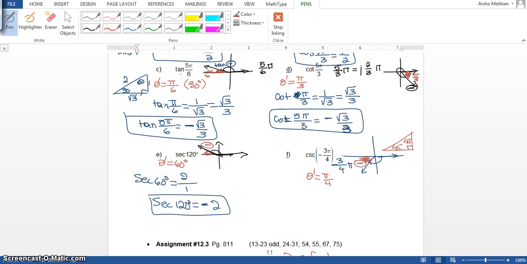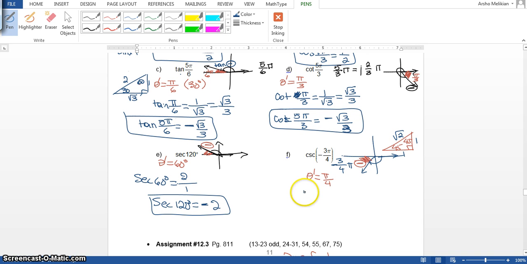Pi/4 is the same as 45. Pi is 180, over 4 is 45. 45, 45, 90 has sides of 1, 1, √2. How do I know that? Because I've memorized the triangle. So it's hypotenuse over opposite.